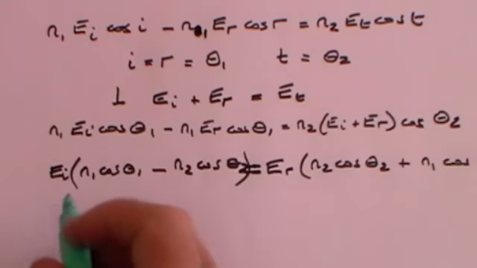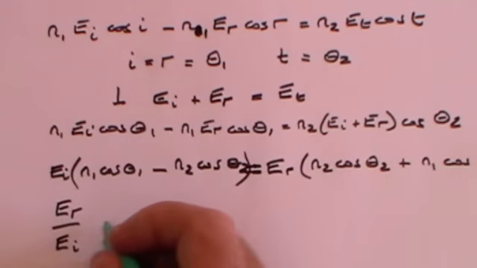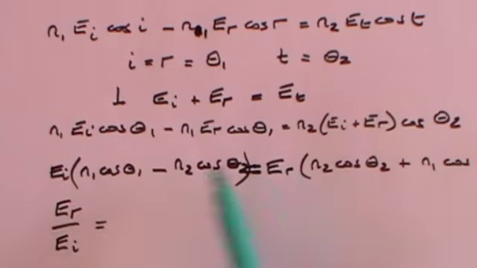And now we can say that ER divided by EI is equal to, so this term divided by this term will be this in brackets divided by this in brackets.